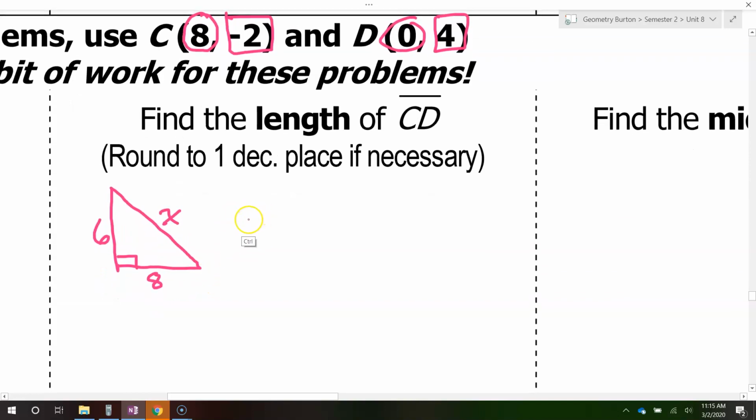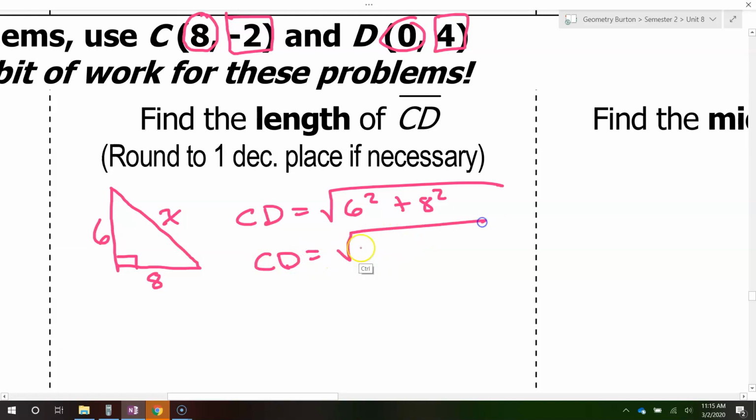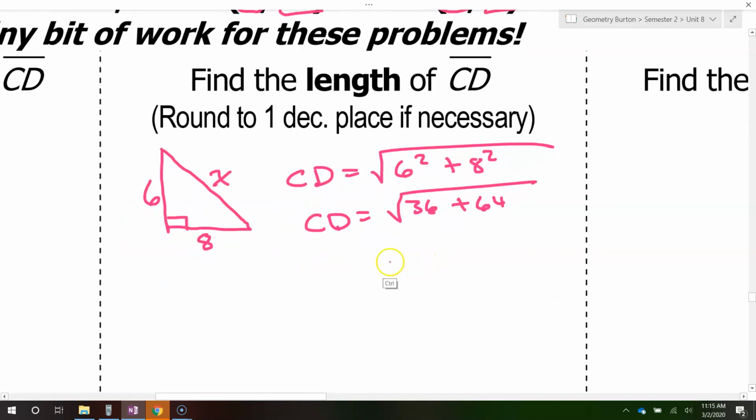So, that means that the length of CD should be the square root of 6 squared plus 8 squared. All right, so that's going to be 36 plus 64. Interesting. All right, so that's going to be 100.